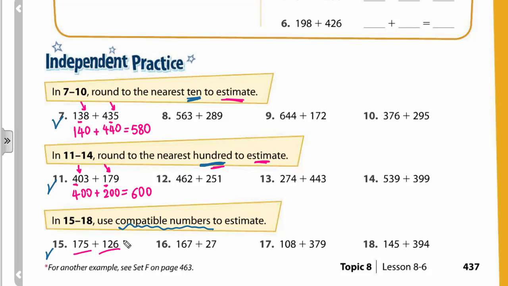So we can use 200 for the first one, and for the second one, 130. Okay, also that's correct. Also 130. So when you add the two numbers, equal 330. Okay, great work. Thank you, Ammar.